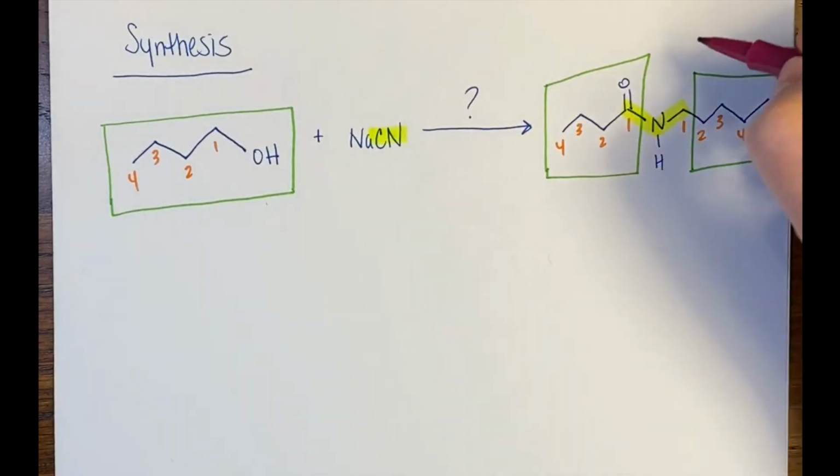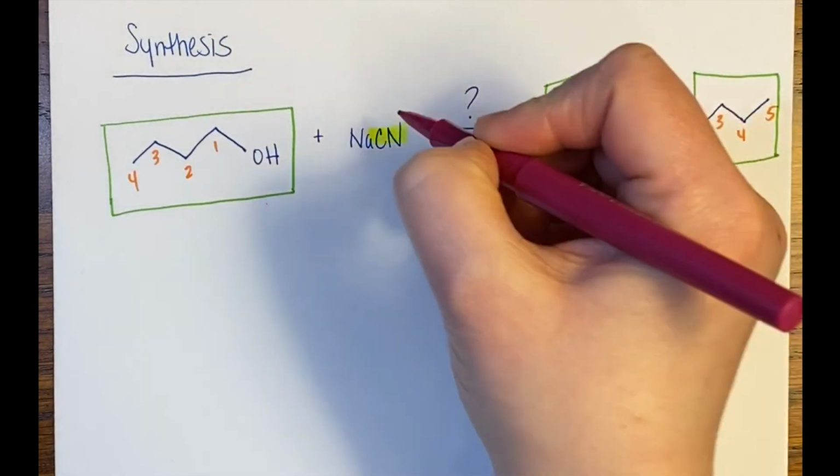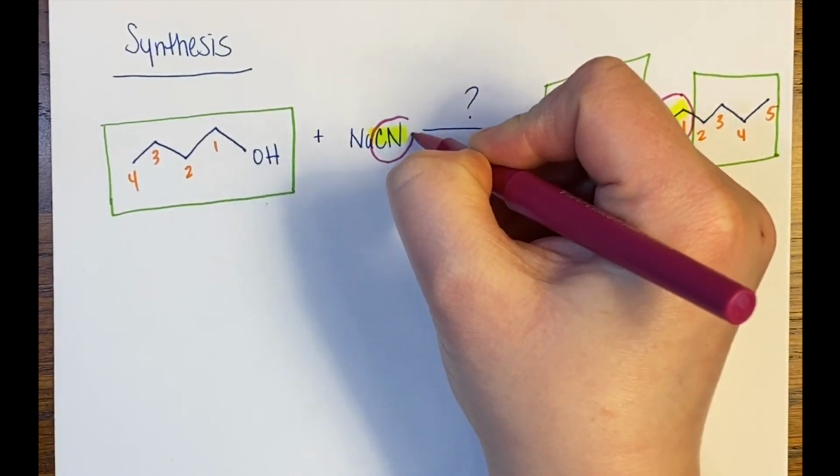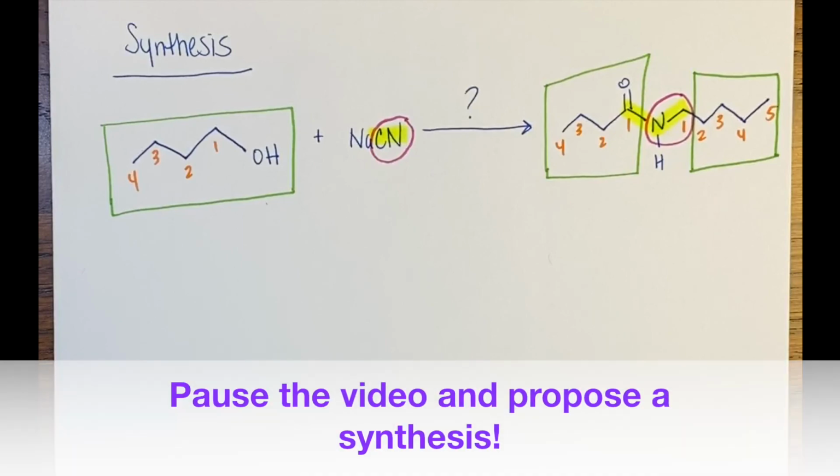So it appears that this carbon-nitrogen bond comes from that molecule of sodium cyanide. How would you put all these pieces together? Pause the video and come up with a strategy.